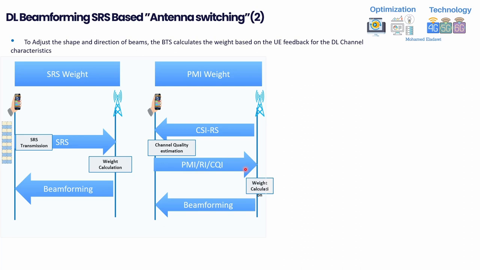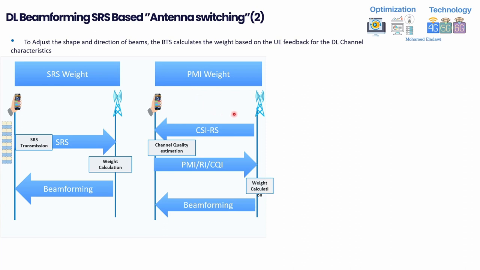So the main point is that in some cases your feedback or your downlink estimation might change during this kind of report. So in some particular cases, the measurement or the weight calculation maybe will not be 100% accurate. This can impact your beamforming weight calculation. So this is one of the advantages of SRS compared to PMI.